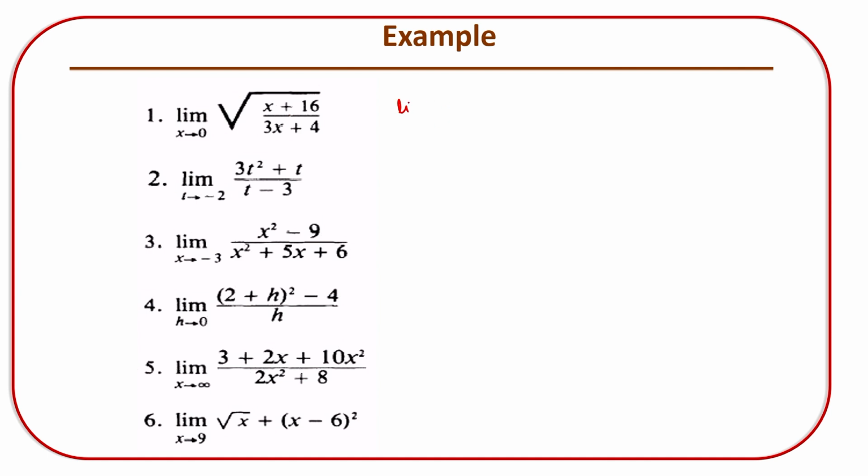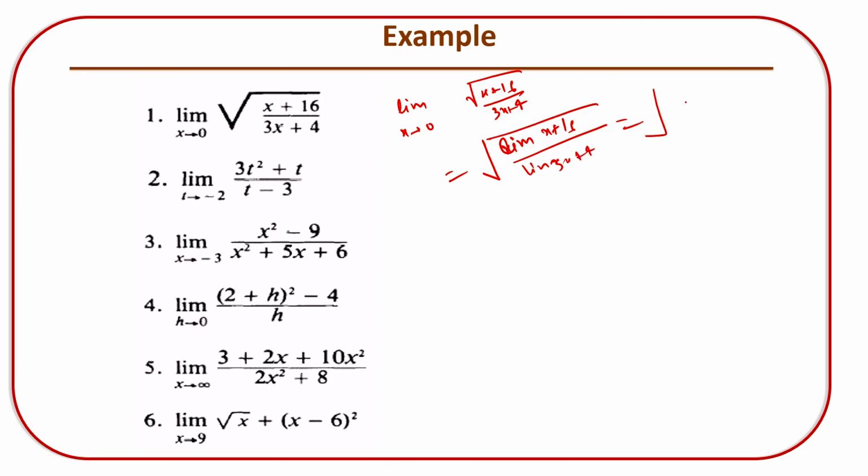So that means limit x tends to 0 of the square root of (x plus 16) divided by (3x plus 4) is the square root of limit of x plus 16 divided by limit of 3x plus 4, and this comes out to the square root of 16 by 4, equal to square root of 4, equal to 2, right.